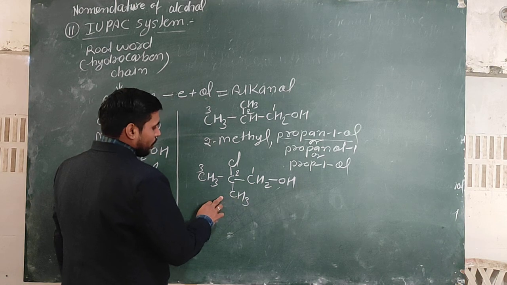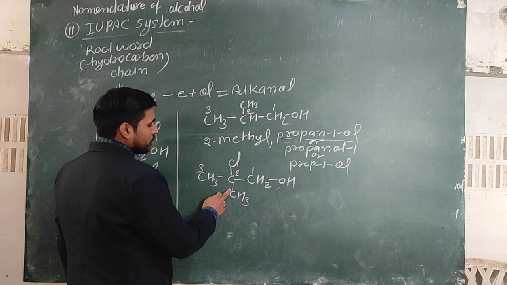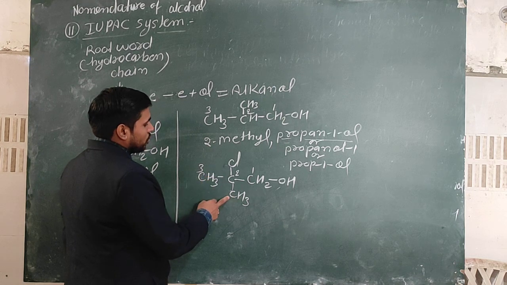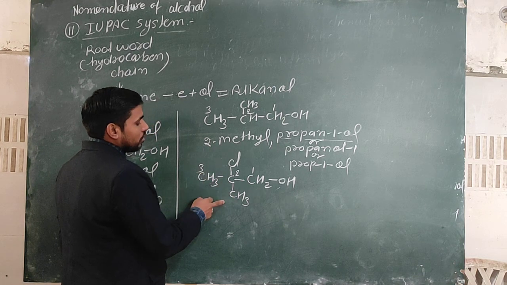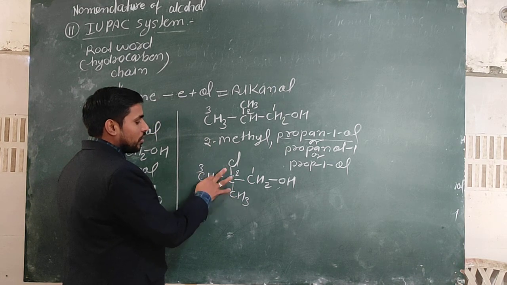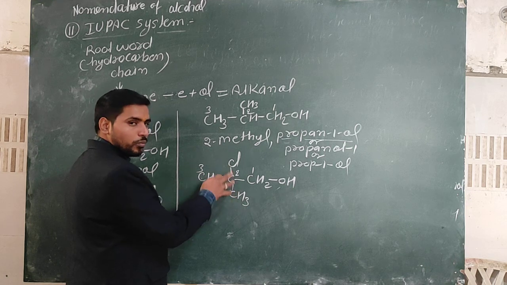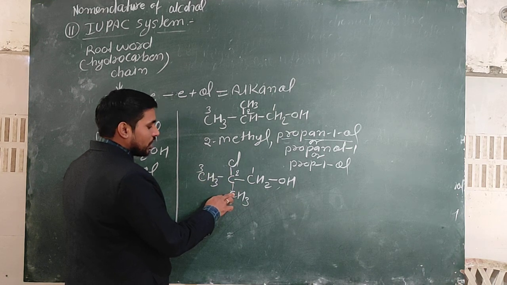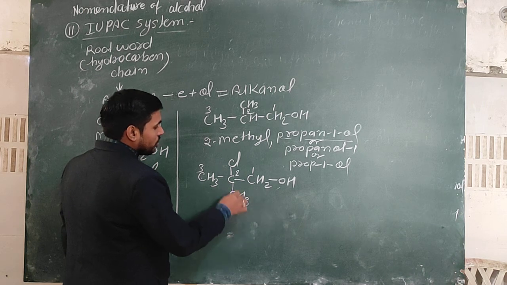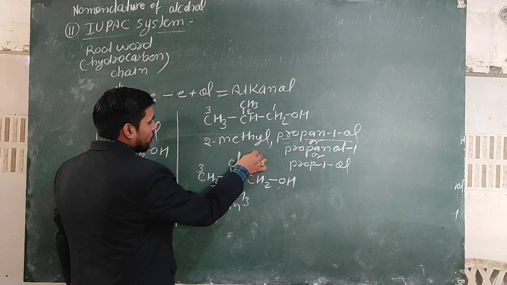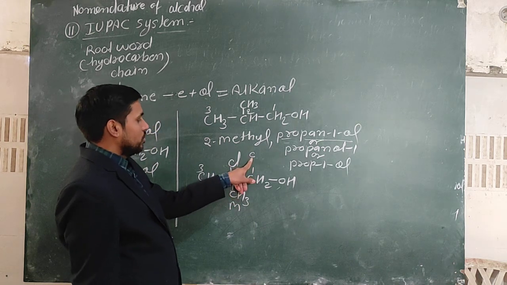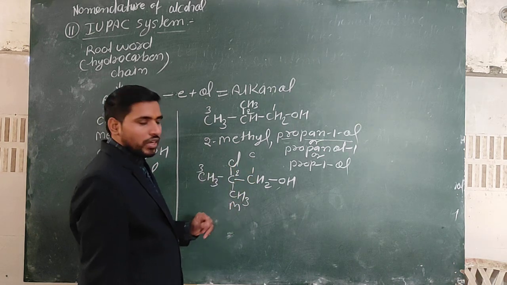Firstly we write the name of the halogen, because according to alphabetical order, different types of side chain groups are present, in which methyl starts with M and chloro starts with C. In alphabetical order, firstly we write chloro, then methyl.